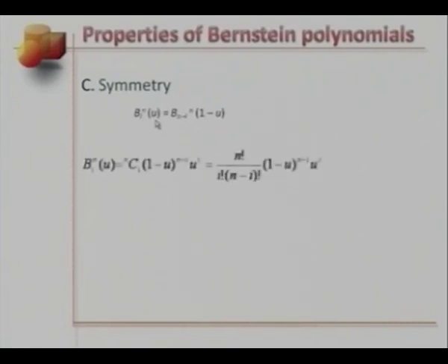We start with the left-hand side. B sub i super n is given by n combination i, (1 minus u) raised to n minus i times u raised to i, and we expand n combination i over here.